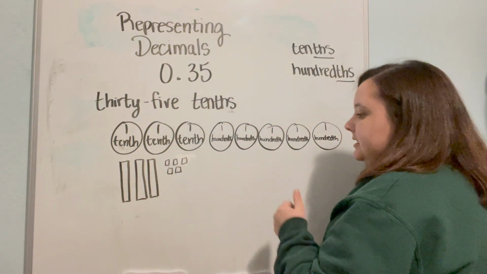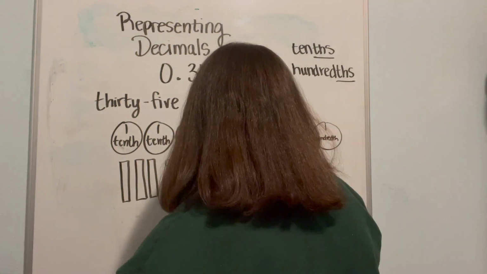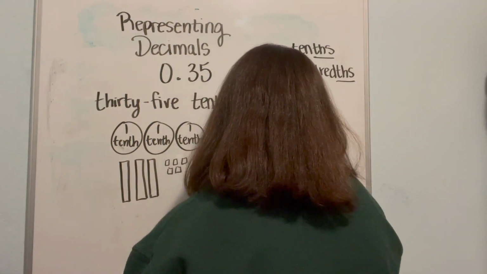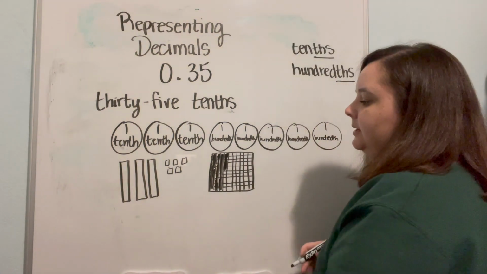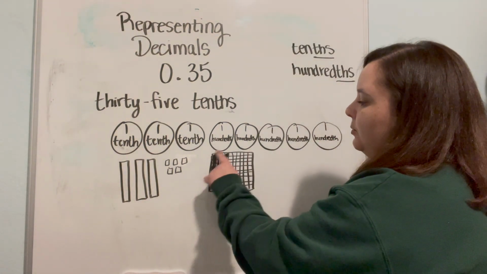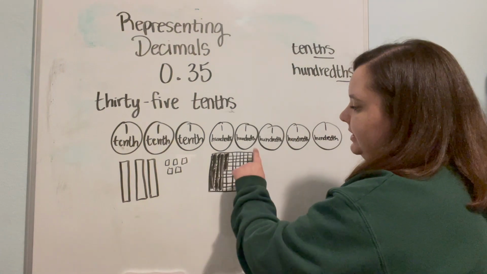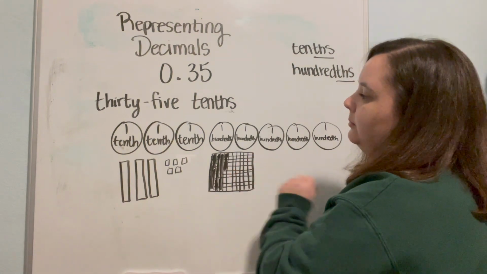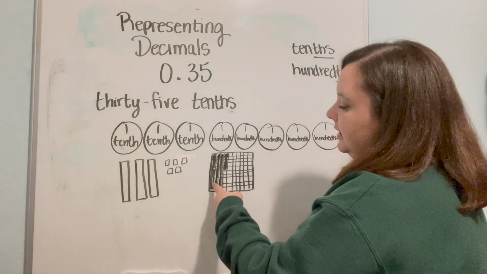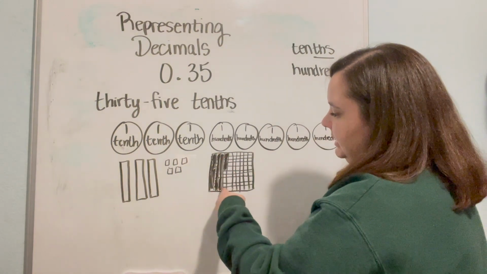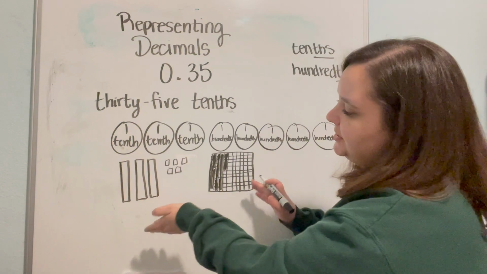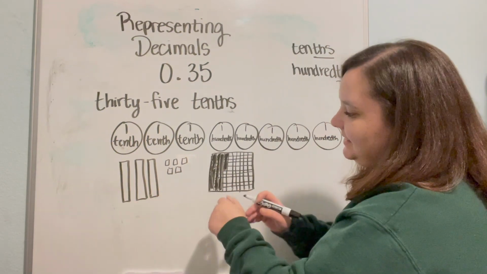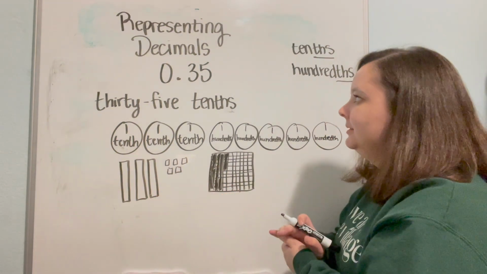In the model, it's going to look like this. So here we have our whole model represented here, but it's not a full whole model, so it's not representing 1. It's 3 tenths, which are right here, and our 5 hundredths. So it's the same thing, just represented in bits and in the full model.